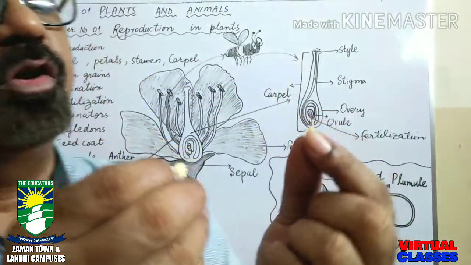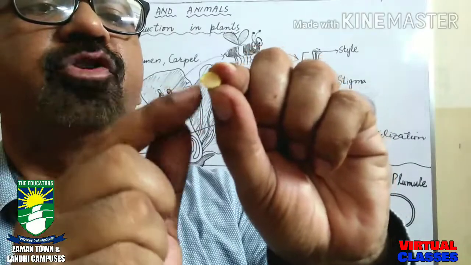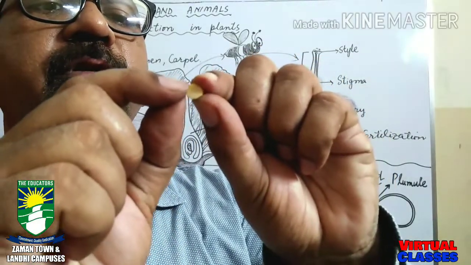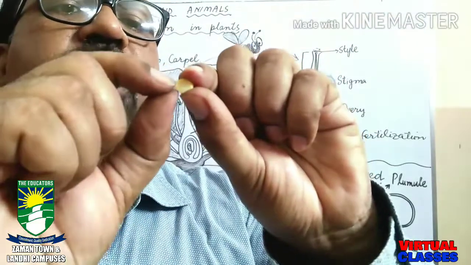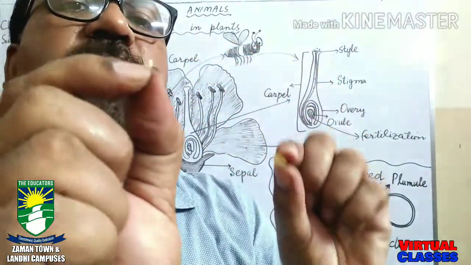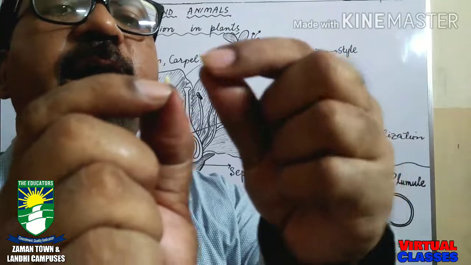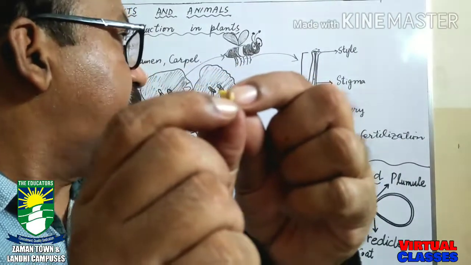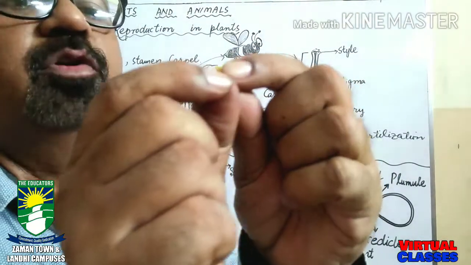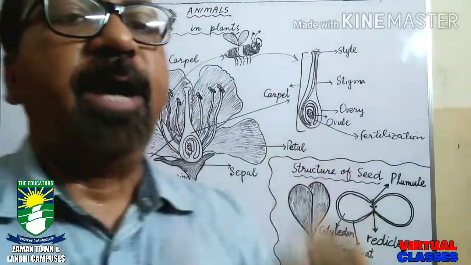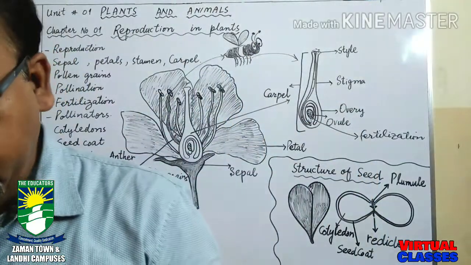Okay, see, this is the portion which I am just going to separate. Yes, this is the portion. The upper part will change into the plumule, and the lower part will change into the radicle.